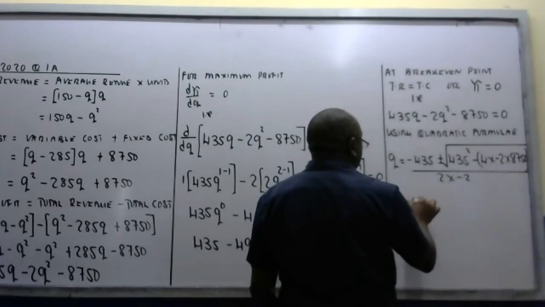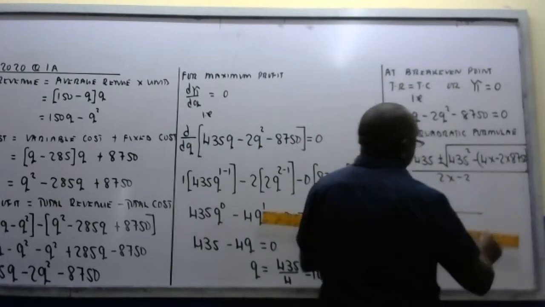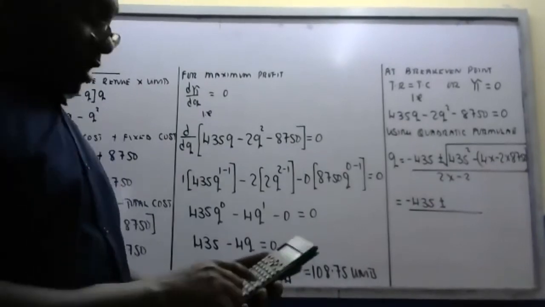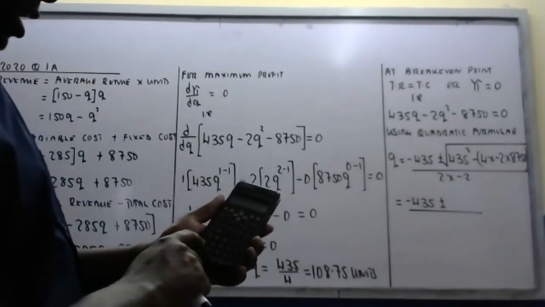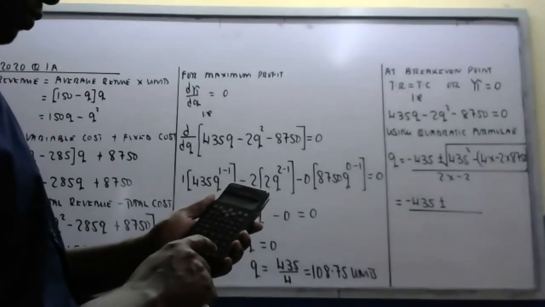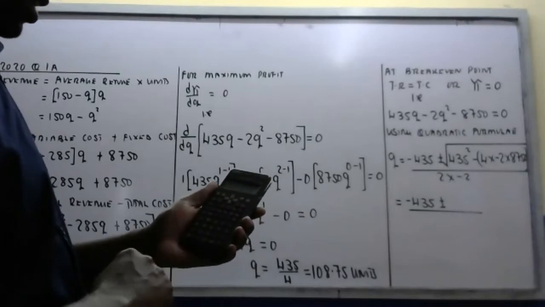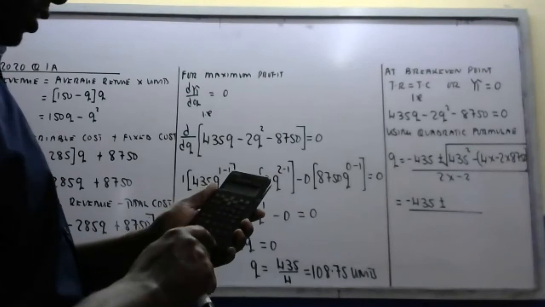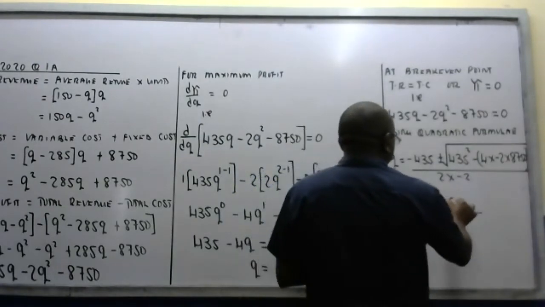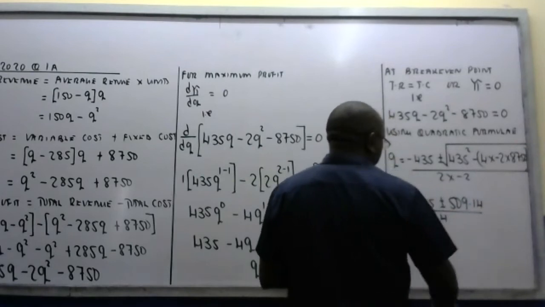So this becomes minus 435 plus or minus, if you take your calc, 435 squared minus, open the brackets, 4 times minus 2 times 8750. Square root of that is 509.14, and this is divided by minus 4.